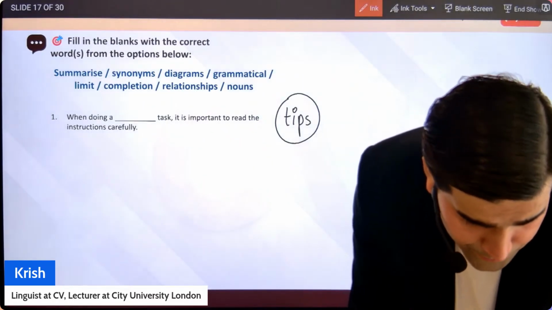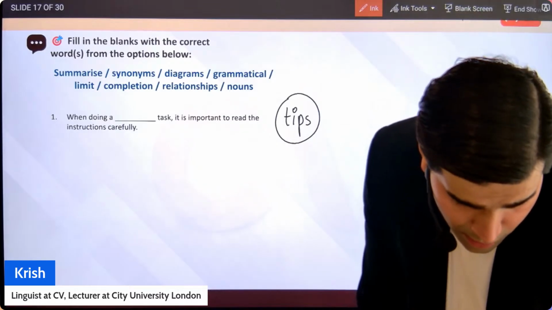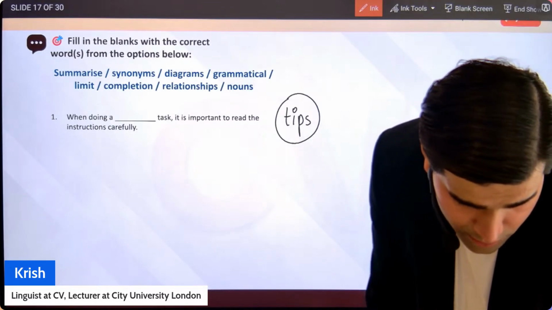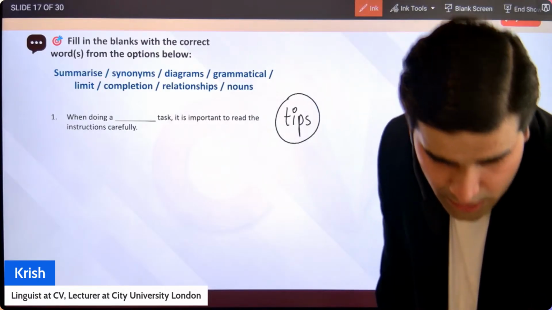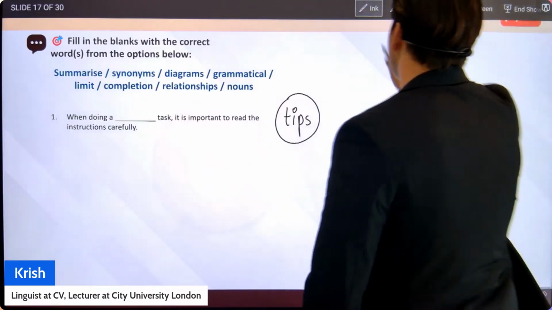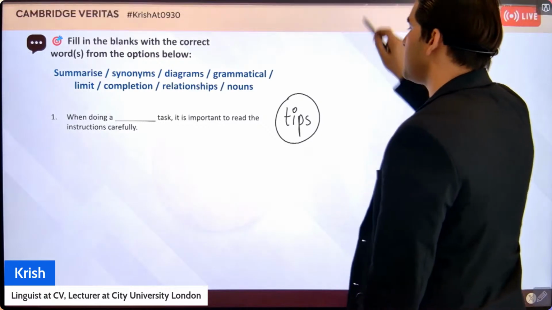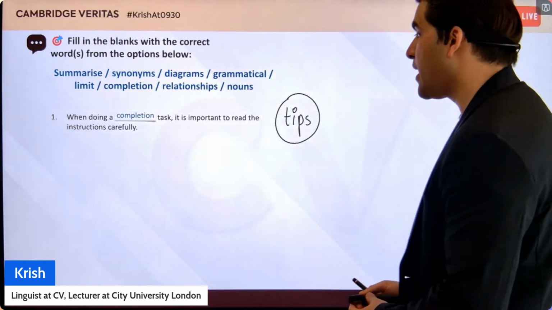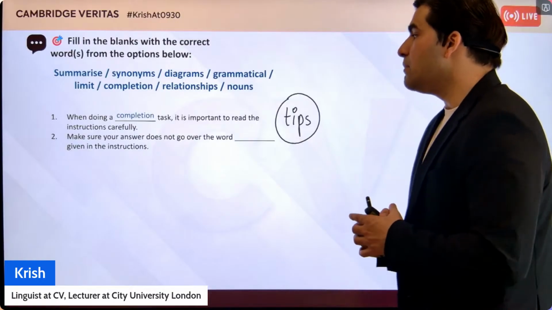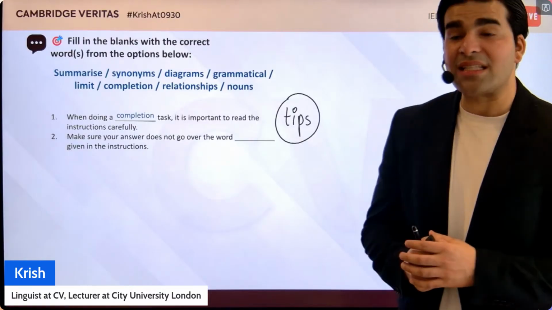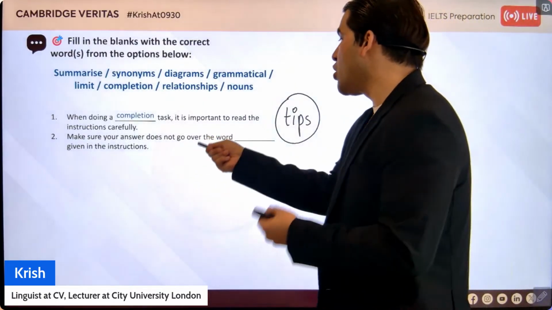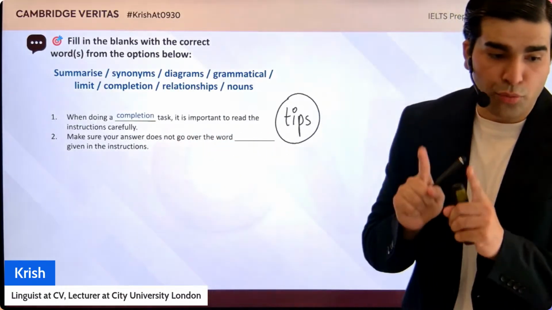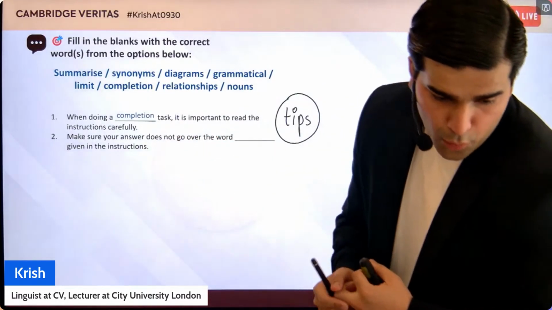Maybe that'll help you. What is it? Completion. Absolutely. So the correct answer is when doing a completion task. Thank you. Wonderful, Sahana. Number two, make sure your answer does not go over the word dash given in the instruction. Over the what? Word?